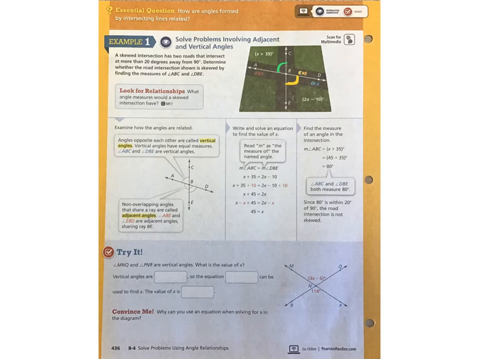What you might notice is those angles are exactly across from each other. So let's look down here at the example and how they work it out.